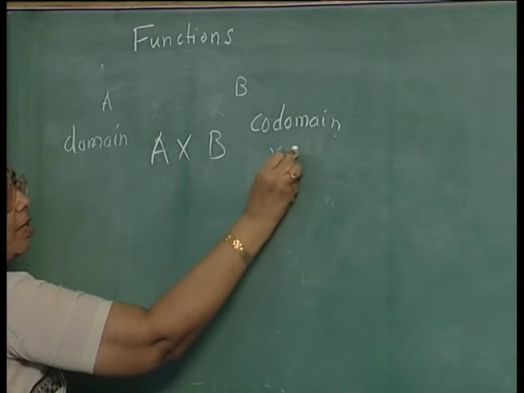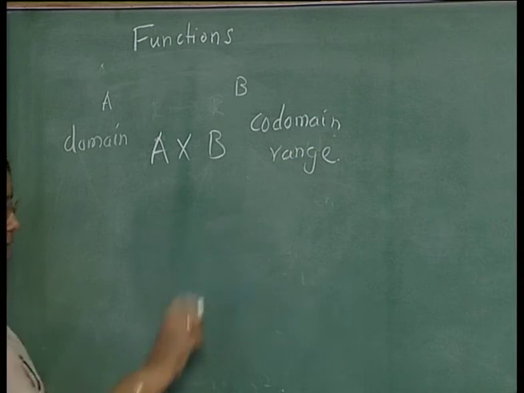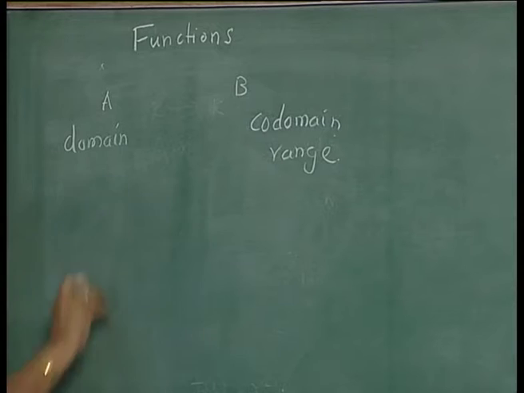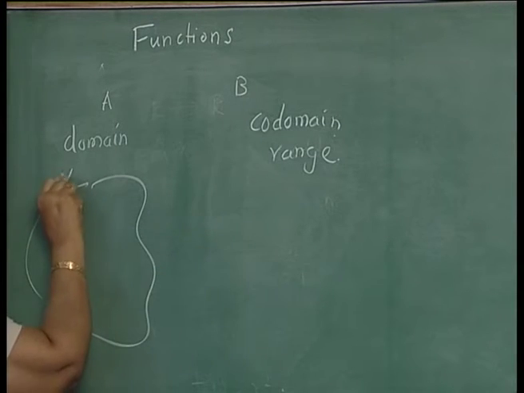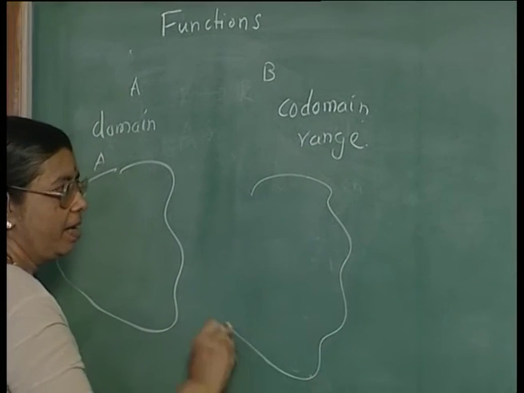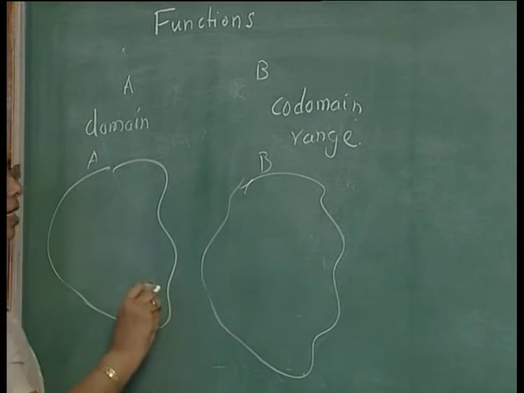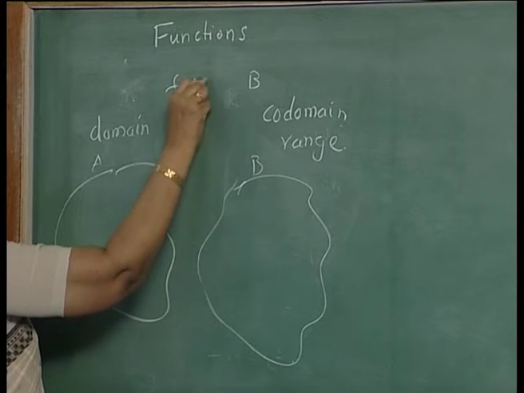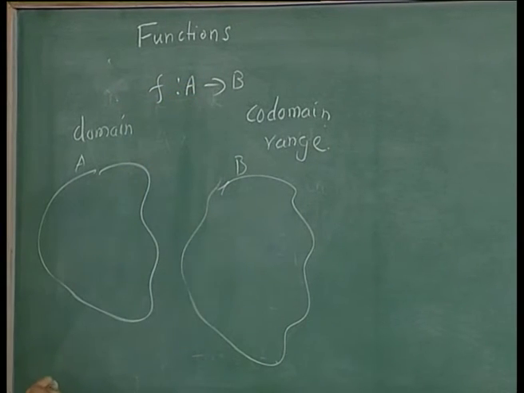Sometimes it is also called the range. B is called the codomain or the range. So, if you have a set A and another set B, what does the function f do? f is from A to B, A is the domain and B is the codomain.